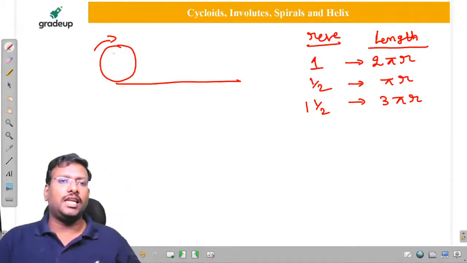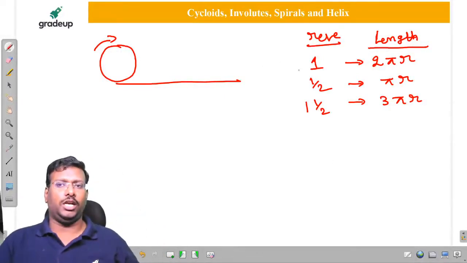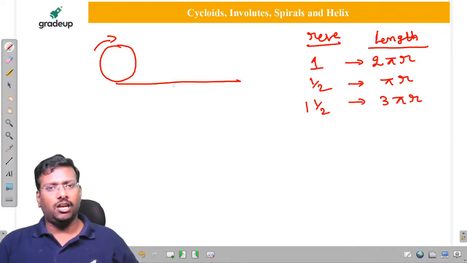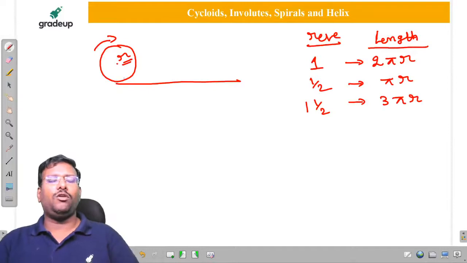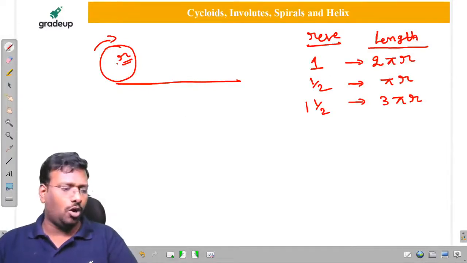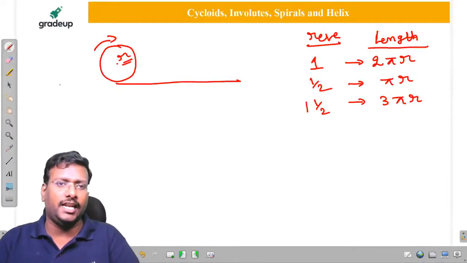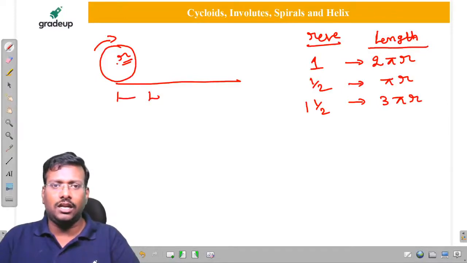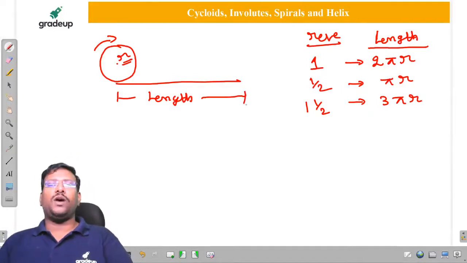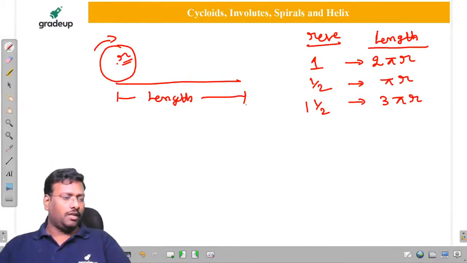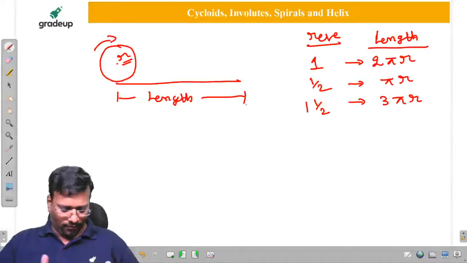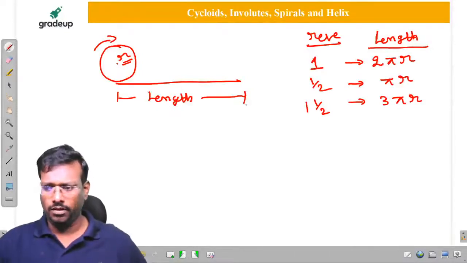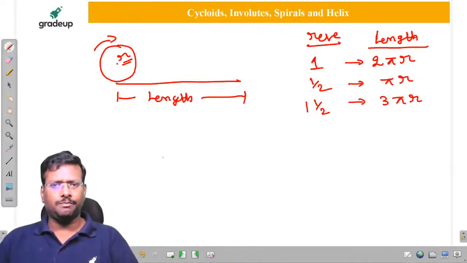Sir, if a circle rolls for one revolution in a cycloid, how much length of the directing line is required? If it is one revolution, 2 pi r, yes, that is correct. If half revolution, pi r. If it is 1.5 revolution, 3 pi r. Good, sir, this is okay.